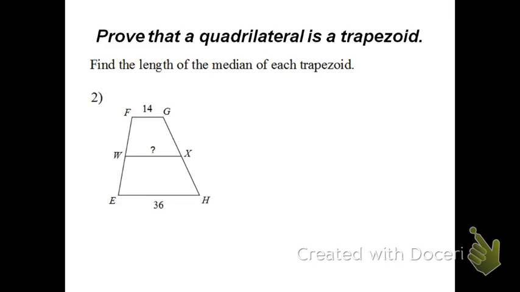Alright, number 2. Let's find the length of the median for this one. So now we have a couple of whole numbers, 14 as the small base, and then 36 as the large base. So if we go as follows, we have the small plus the larger base, and we divide that by 2.